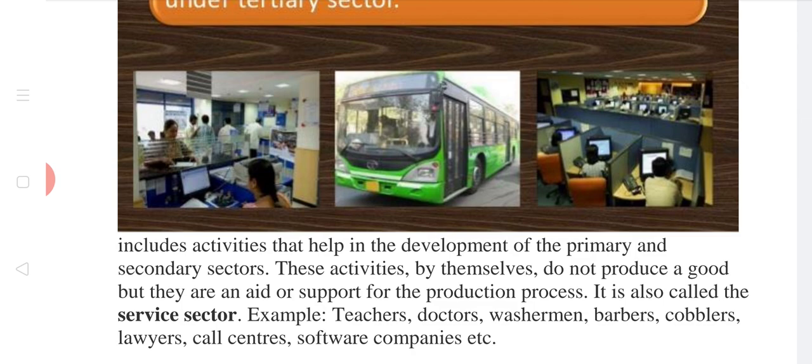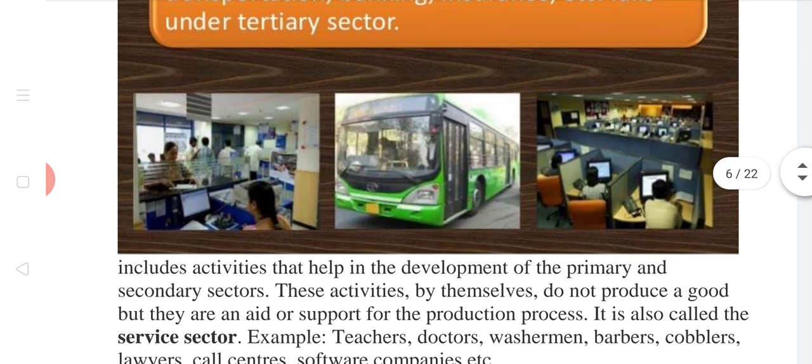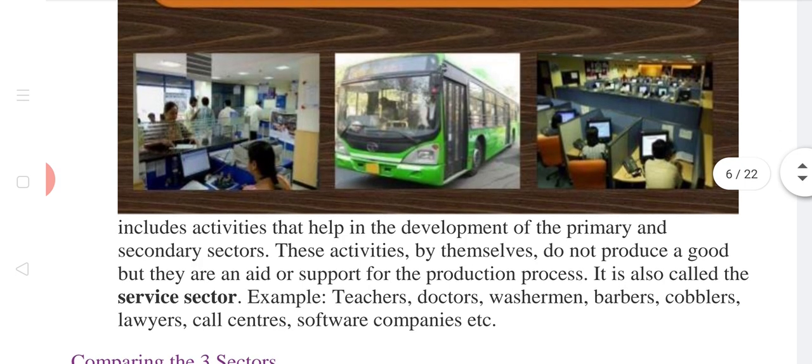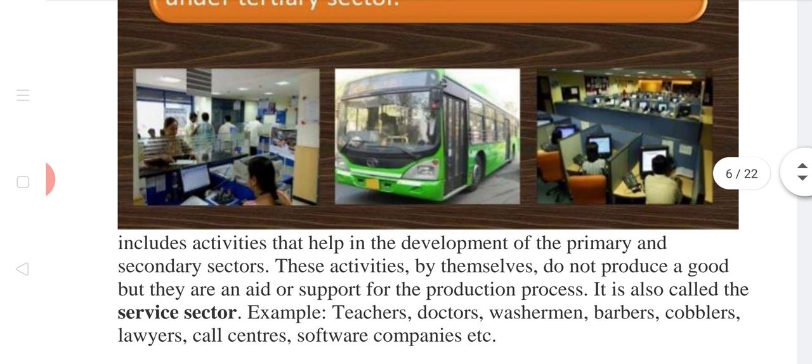So guys, in this video we have discussed, one, what is economy, and then what are the three bases through which we want to categorize the Indian economy. That is primary, secondary, tertiary sector, which is one base.